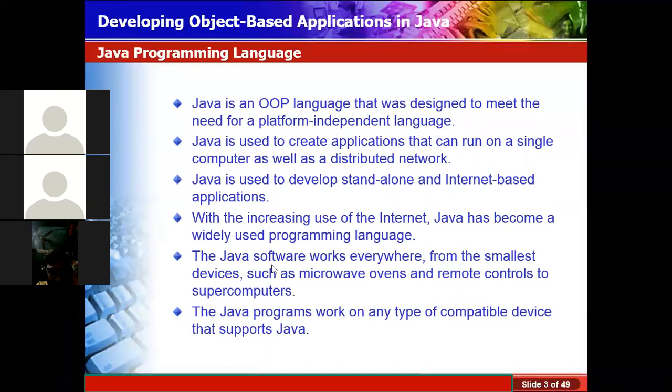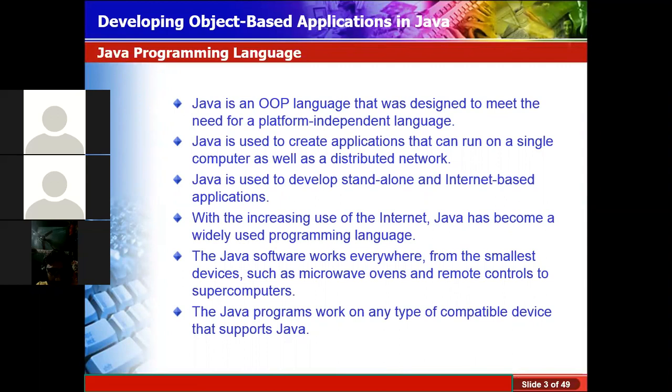The Java software works everywhere, in the smallest devices such as microwave ovens and remote controls to the supercomputer. The Java program works on any type of compatible device that supports Java. It is used in your remote control, and in your vehicle speedometer.